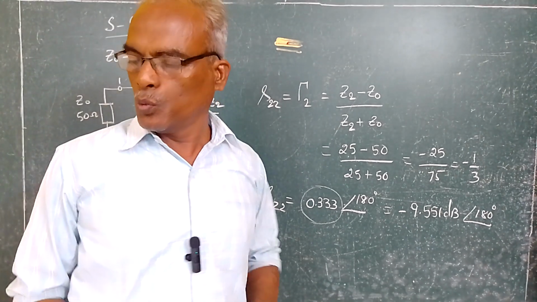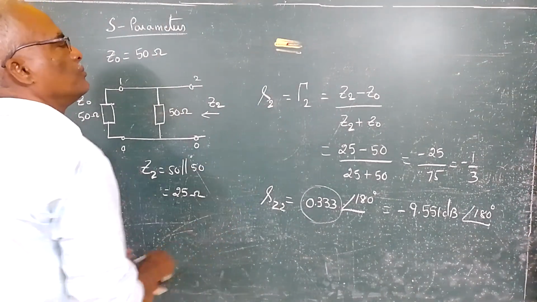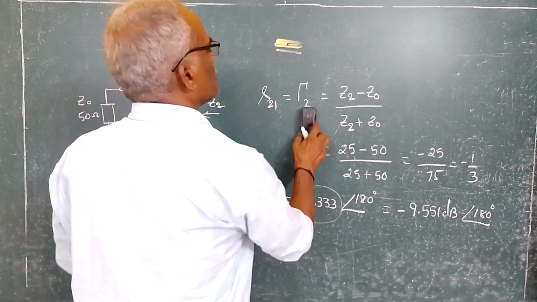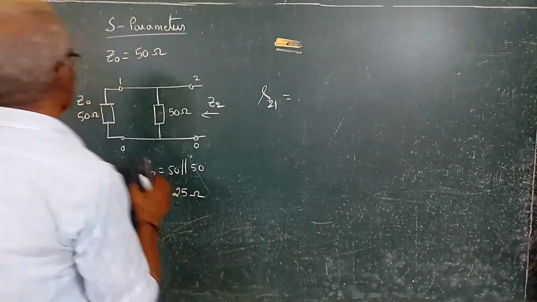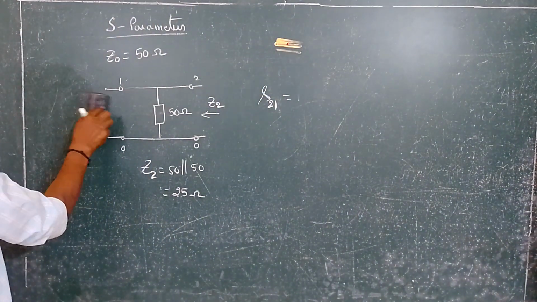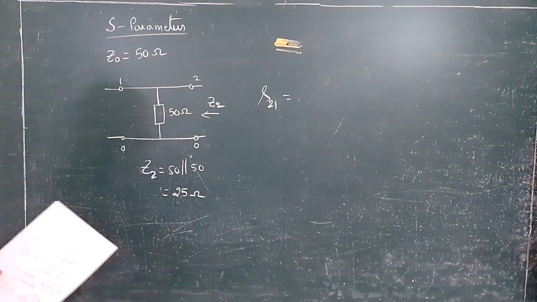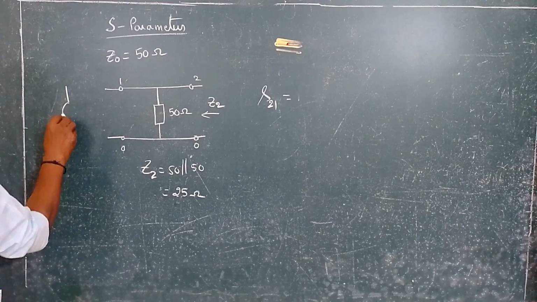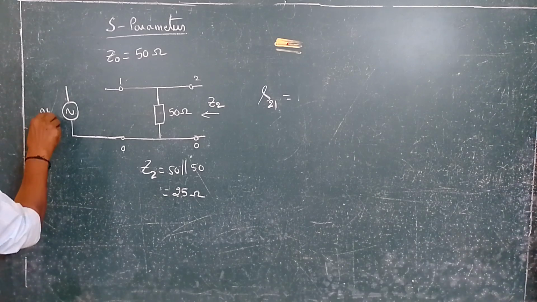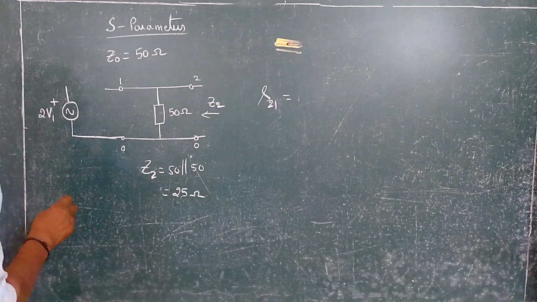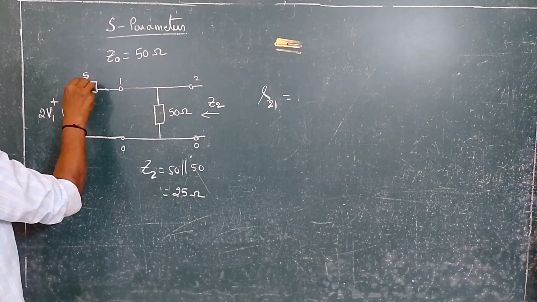Next we have to find out S21. To find S21, we connect a voltage source which is 2V1 plus and a series resistance of Z0, which is 50 ohms.